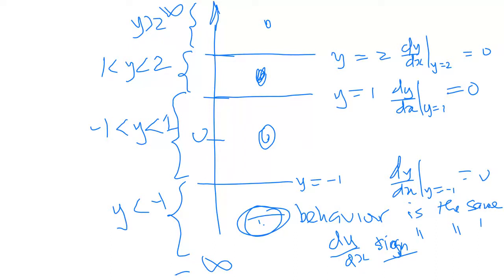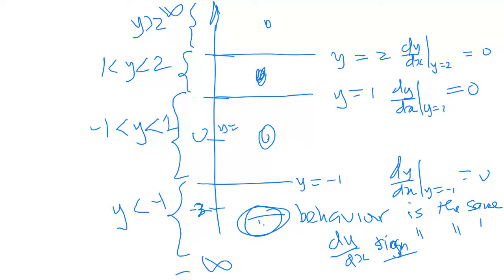Because we know that in the entire sub-region, the behavior is the same, you just choose a candidate value of y in between. For example, between -infinity and -1, I can just check at -2 or -3. It doesn't matter. You choose a value that makes your computation of the derivative much easier.